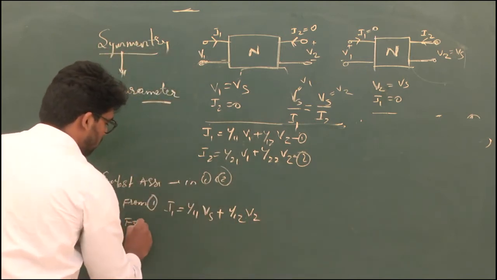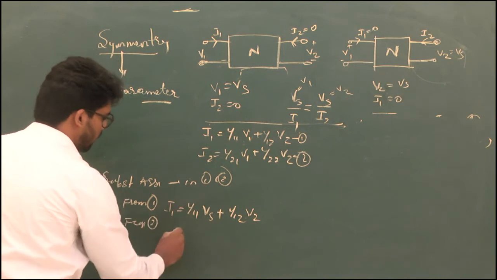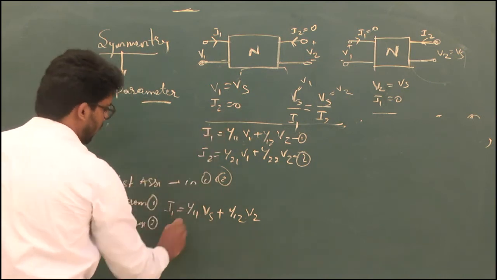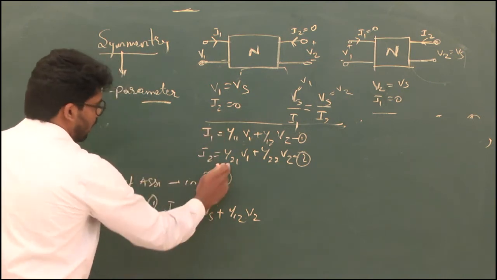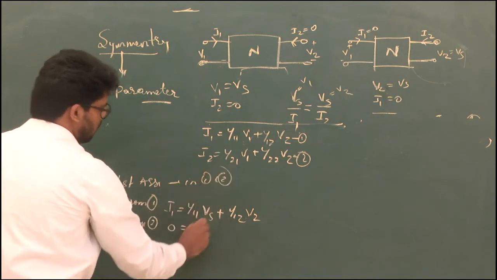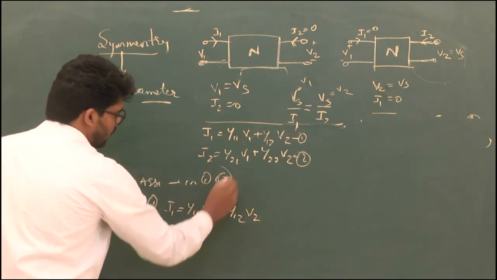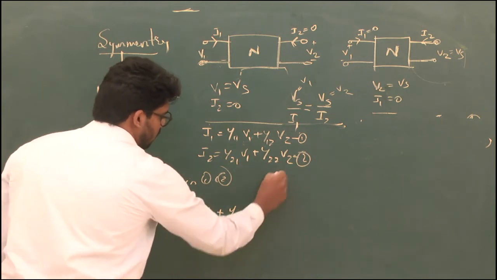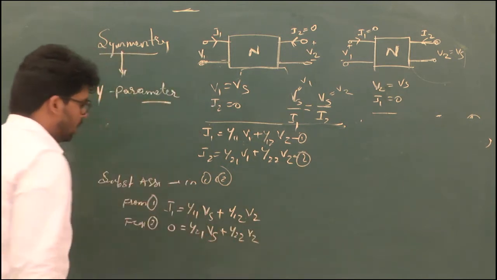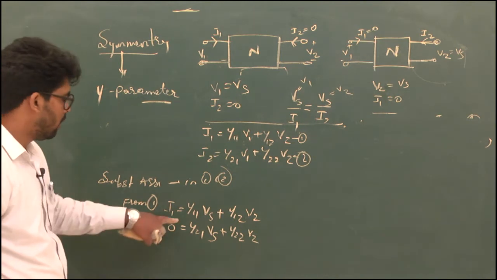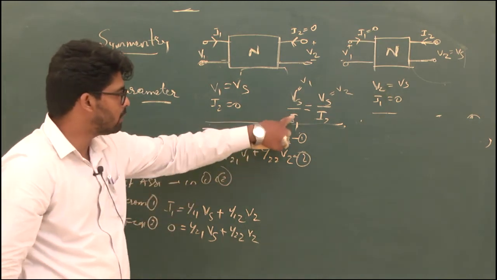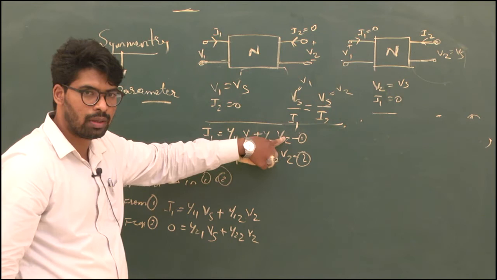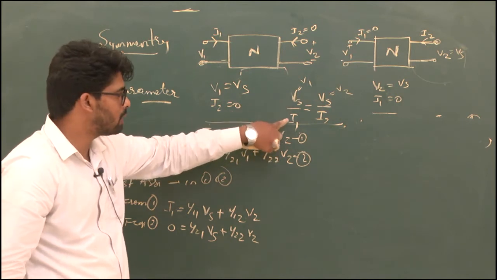From 2, you have I2; we are making I2 equal to 0, and Y21 Vs plus Y22 V2. Now the actual work starts here. We want the equation in the form of Vs by I1. Our agenda is to get Vs by I1.